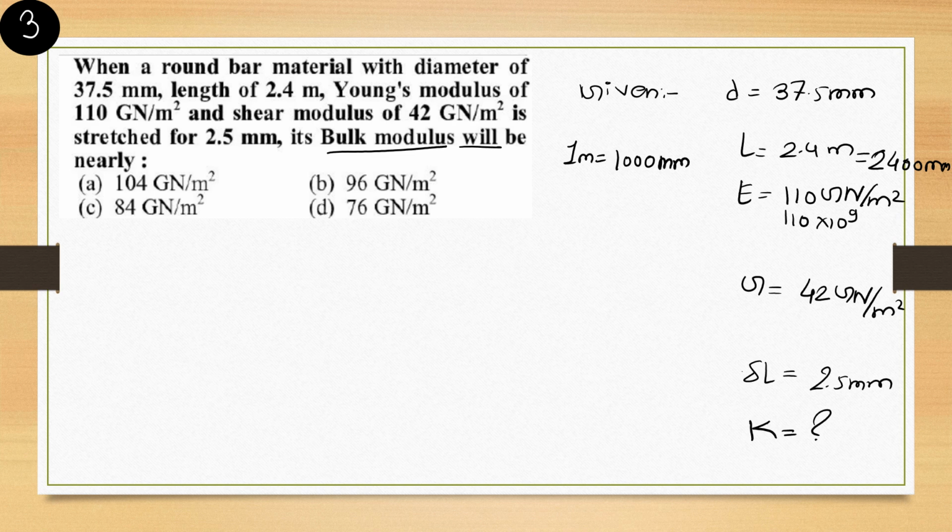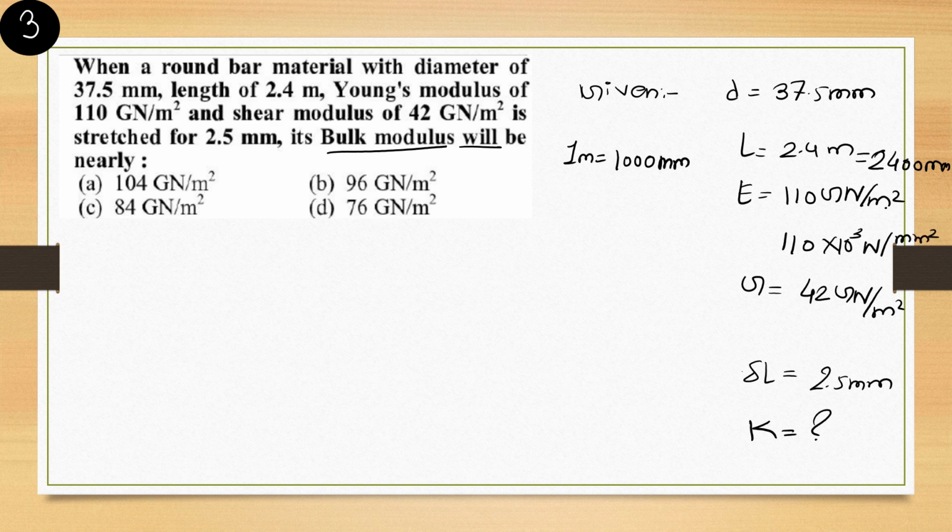For converting meter into mm, we take 10 raised to 3 for 1 mm, but since there is a square, we take 10 raised to 6. After cancelling the values, 10 raised to 6 and 10 raised to 9, 10 raised to 3 is remaining. So we write 110 into 10 raised to 3 Newton per mm square.